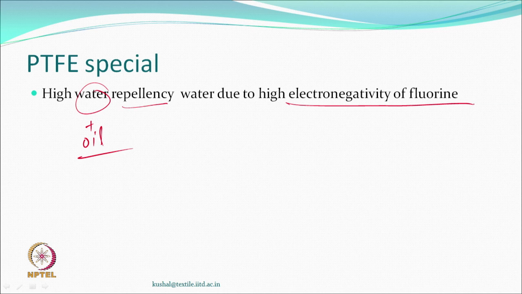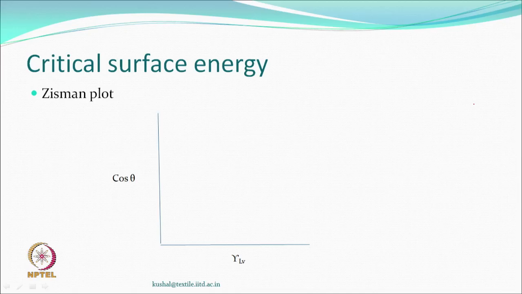And so, many things it did, as we know, less friction, all such things are there, but now we want to use this material differently. Very interesting work, original work was done by Zisman and co-workers, and they defined something called a critical surface energy.